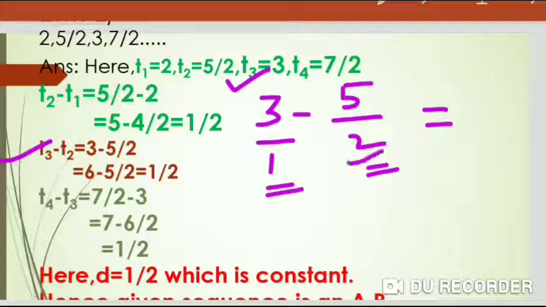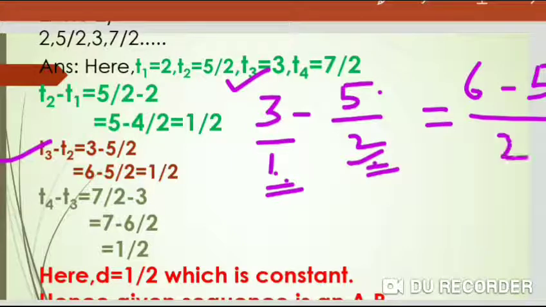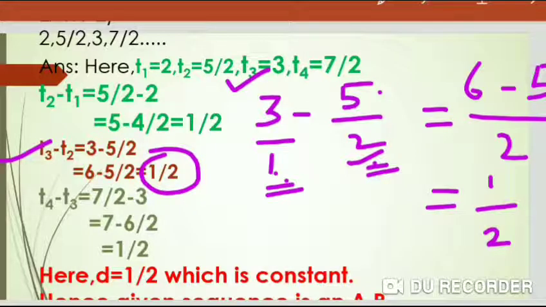Now 3 twos are 6, therefore we write here 6, and 1 five is 5, upon 1 into 2, the multiplication of denominators, which is 2. And its subtraction is again 1 upon 2. See here, we get the common difference is equal to 1 upon 2.